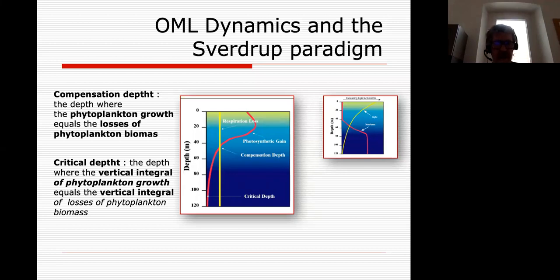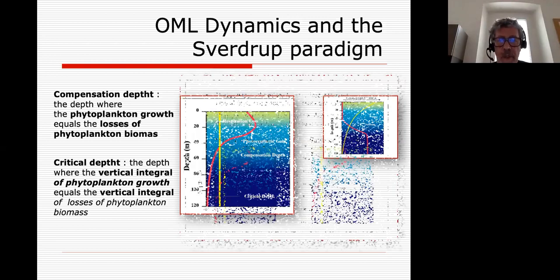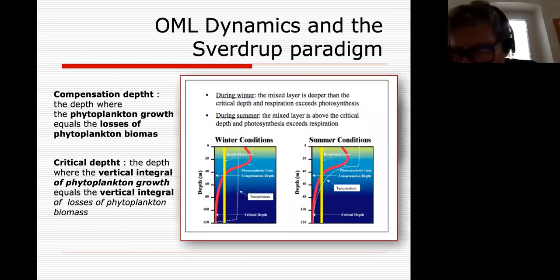You can have a growth due to the photosynthetic activity and some losses that are connected to the basic functioning of the cells.